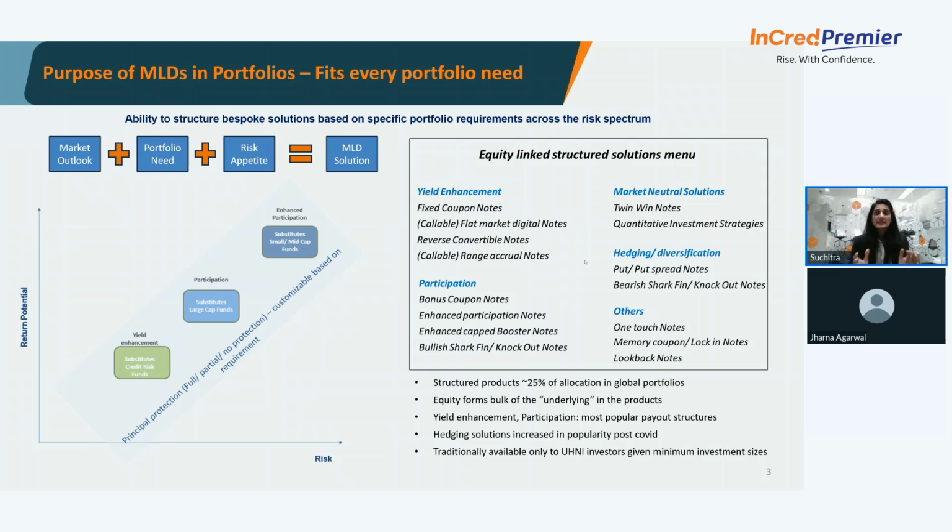So this in a nutshell is how MLDs can fit into any portfolio. The equation on the top to me is key, where you can combine the three key inputs for creating a portfolio and create a solution around it. And also the fact that MLDs are under-allocated in portfolios right now, and why we should really consider allocating more to MLDs.